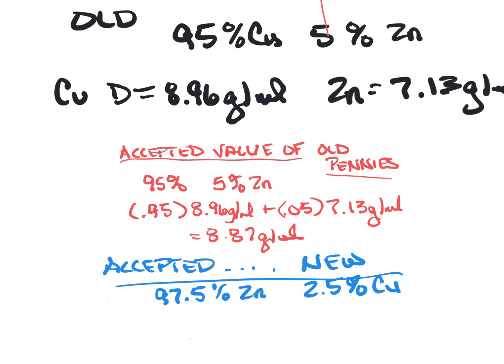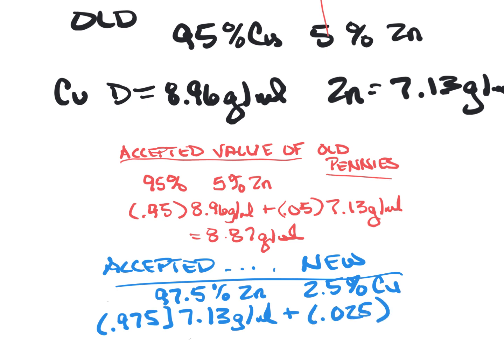So we're going to set it up the exact same way. 0.975 times the density of zinc, and 0.025, remember it's 2.5, so we have to move that decimal point over 2 places, and multiply that by the density of copper.